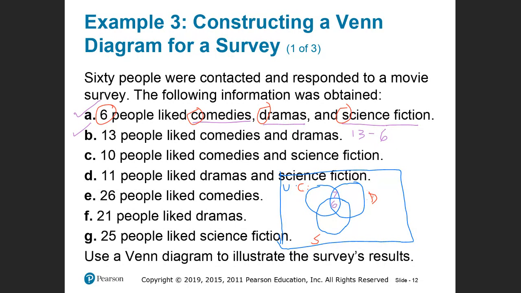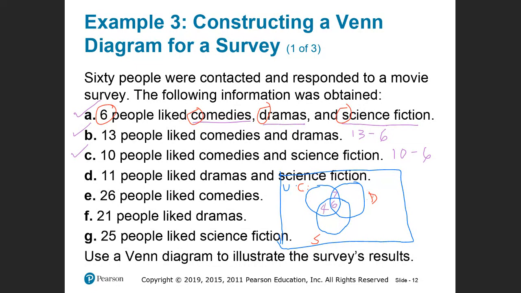And the next one would be letter C. 10 people like comedies and science fiction. So you're looking at set C and set S. And you have 10 there, minus 6. And that would be 4.